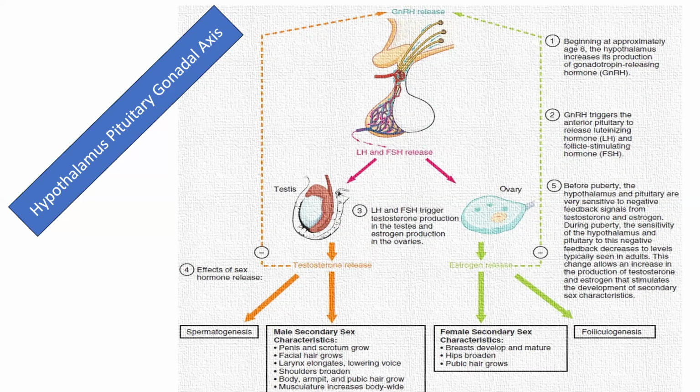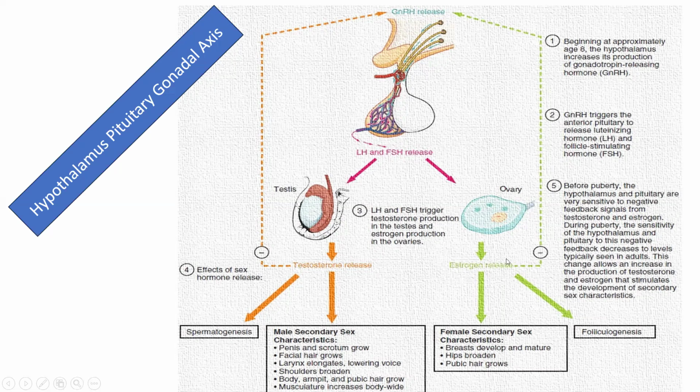This hormone acts on the anterior pituitary, thereby releasing luteinizing hormone and follicle stimulating hormone. These have various effects on the testes as well as the ovaries, thereby producing testosterone and estrogen, and they have different effects on the reproductive organs.